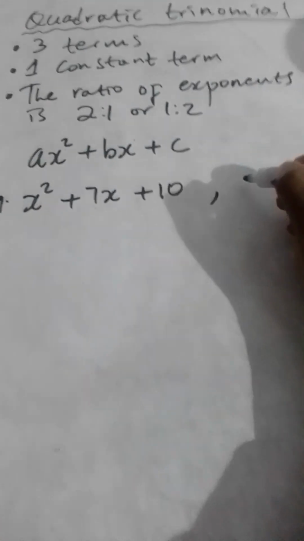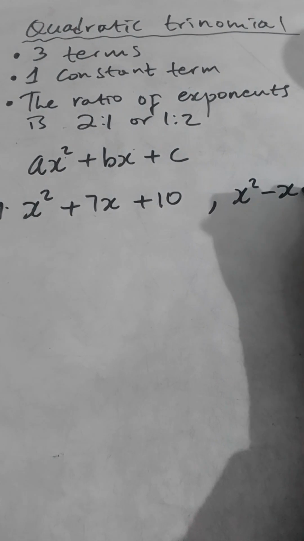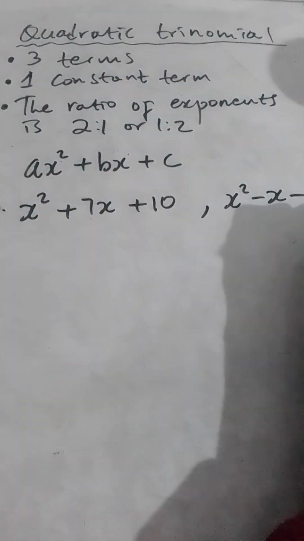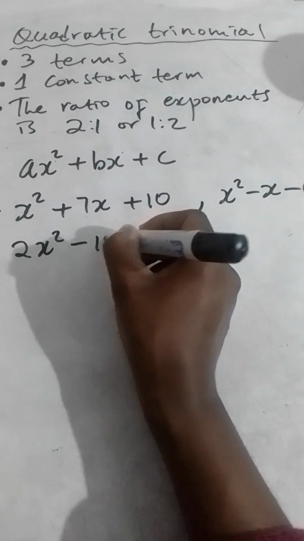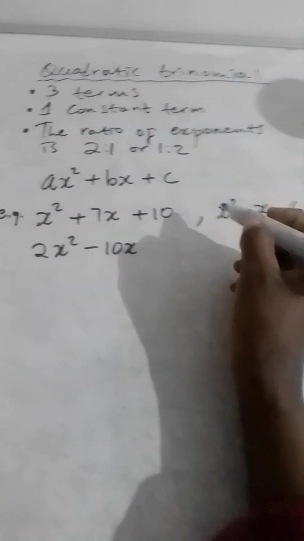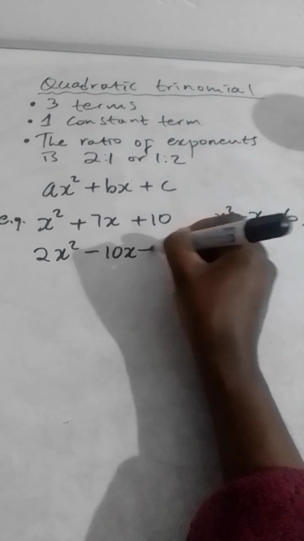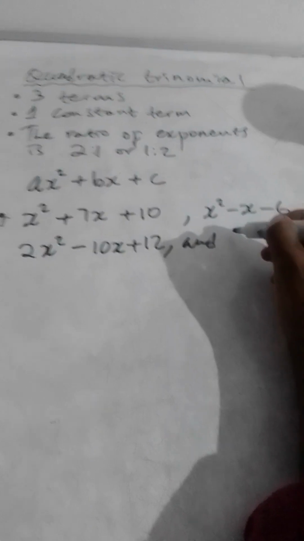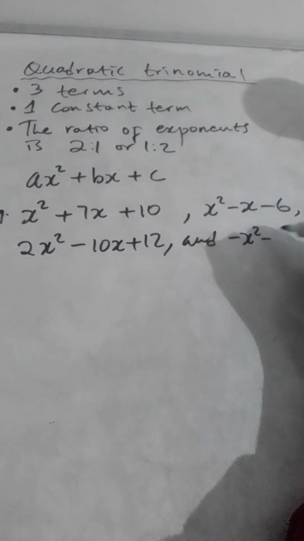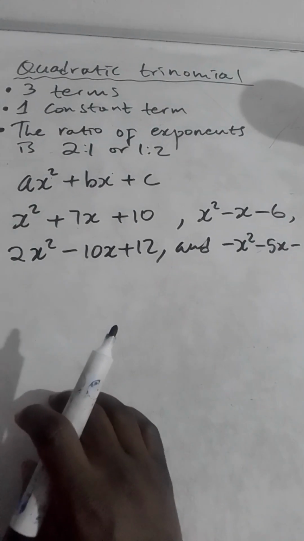Another example would be x squared minus x minus 6, and then another one is 2x squared minus 10x plus 12, and lastly negative x squared minus 5x minus 6.